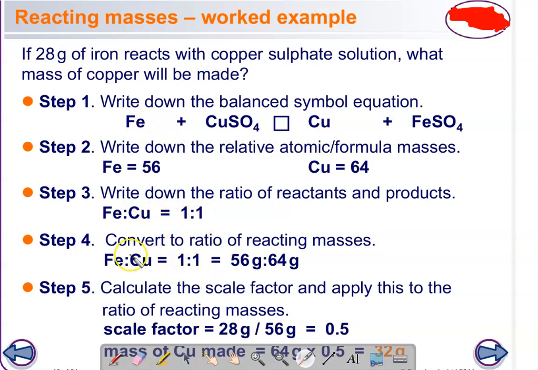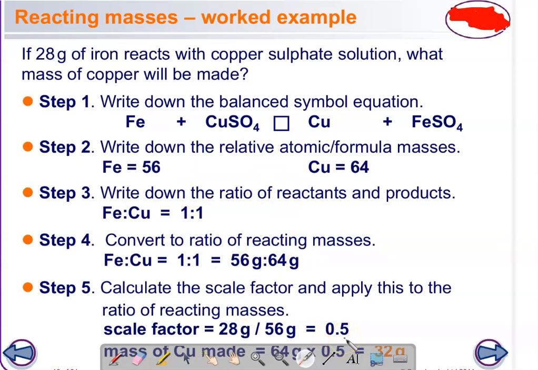Then write the reacting masses down as a ratio, and then calculate the number of moles of the iron, which is mass over molar mass, and the molar mass of iron is 56. The mass that has been given is 28, so divide that, you get the number of moles. Because the ratio is 1:1, it means that the number of moles of copper is also 0.5.